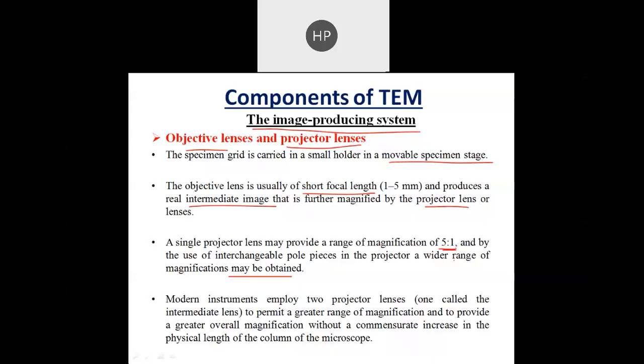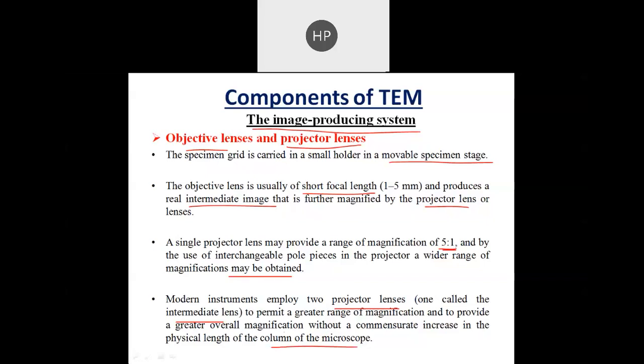And modern instruments employ two projector lenses, one called an intermediate lens, to permit a greater range of magnification and to provide a greater overall magnification without a commensurate increase in the physical length of the column of the microscope.